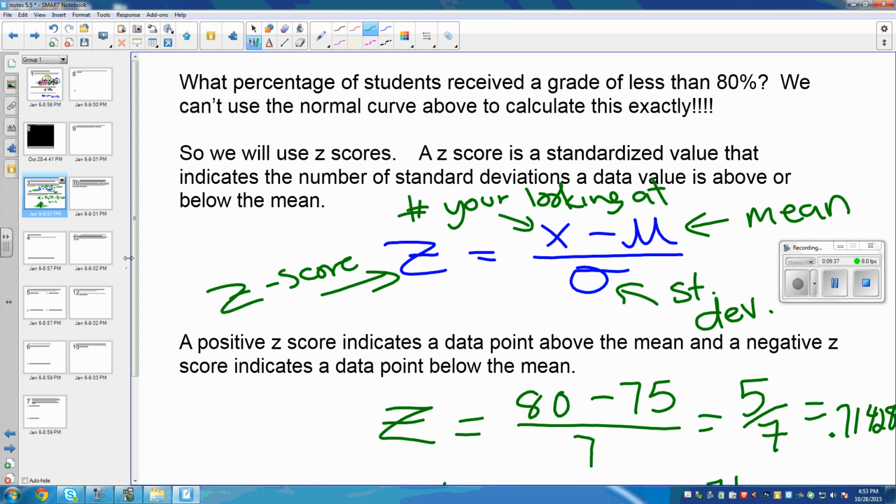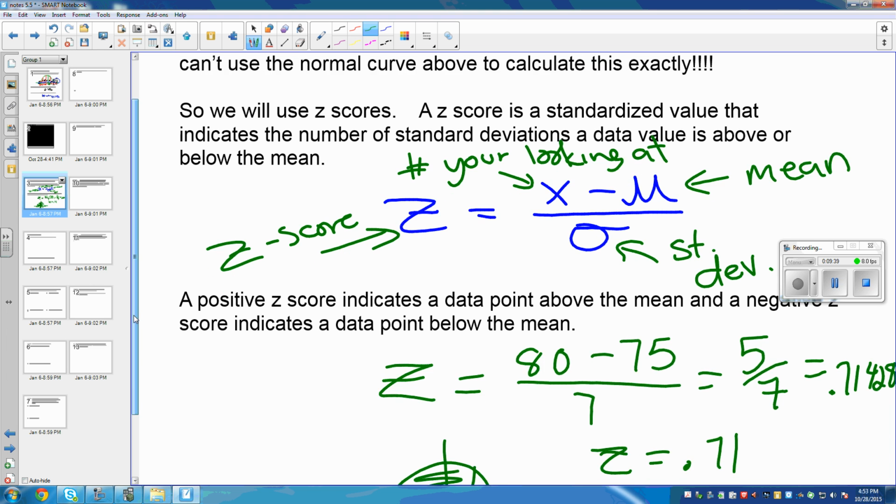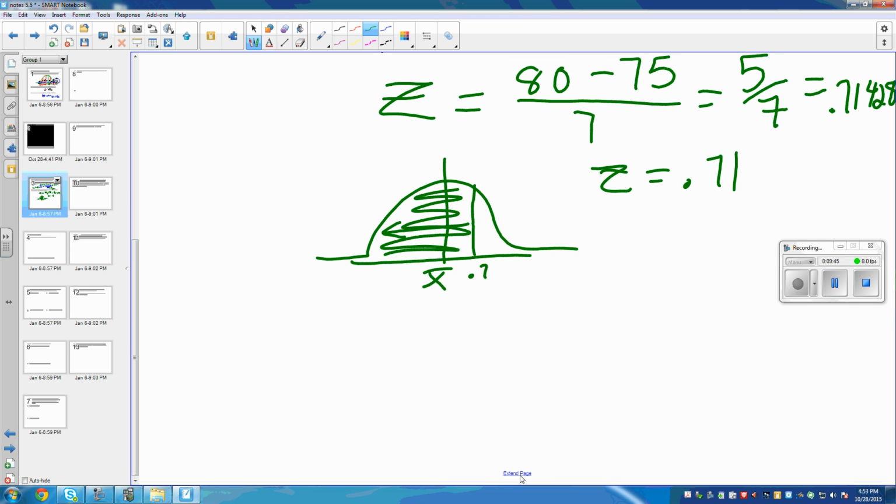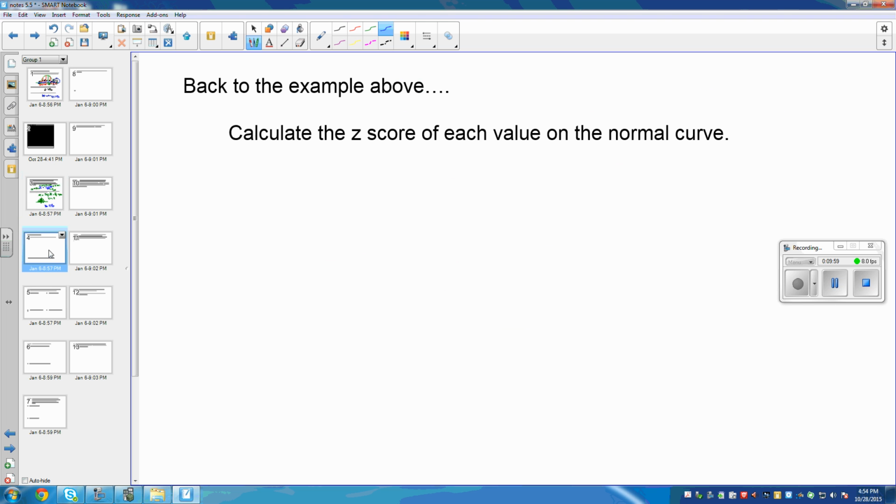So you multiply by 100, and you get 76.11% of the students that receive 80% or below on that test. Okay? So moving forward, oh, we did that. Back to the example above. We did that. Let's take a look at how we actually look at z-scores.